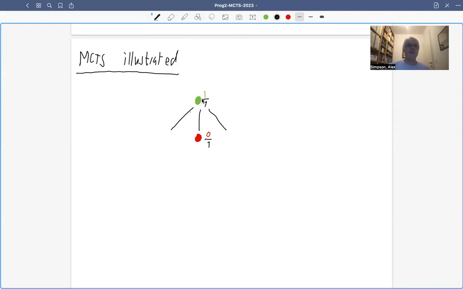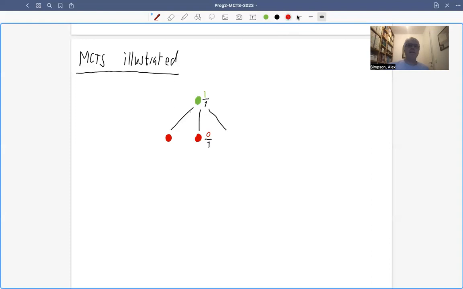So we're now back at the start. We want to do another run. We're in the position that we still have children nodes that have not been visited, so we randomly select one of those. We expand that node. We make a random play from that.